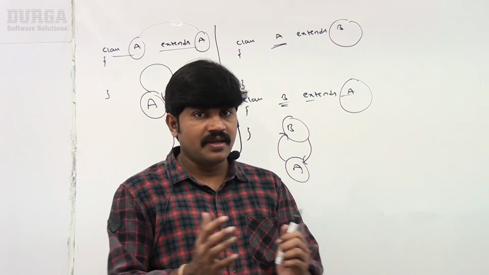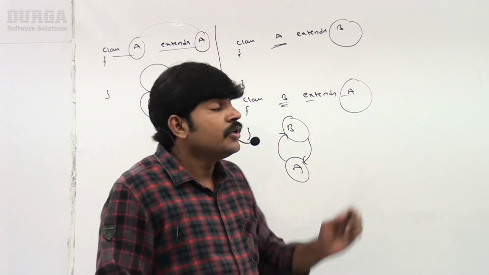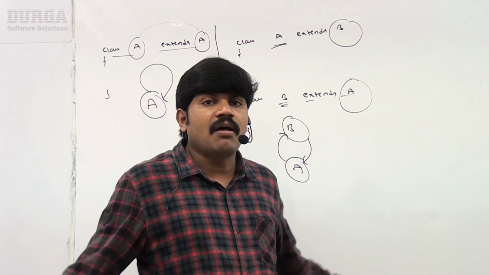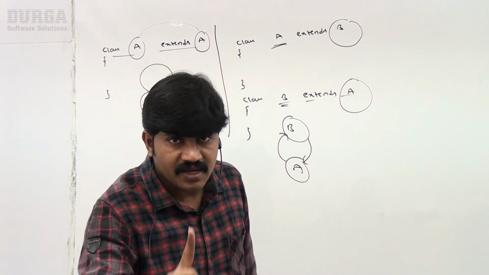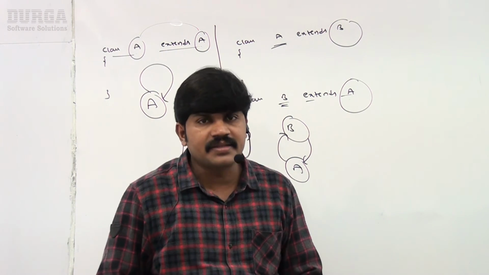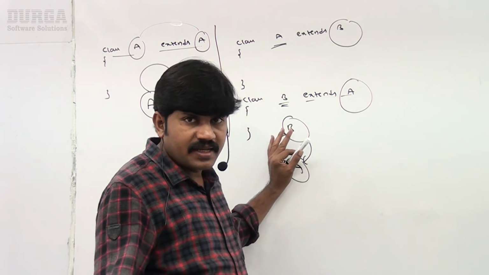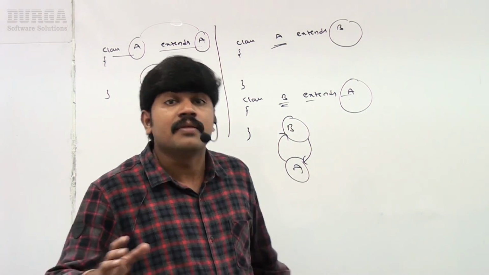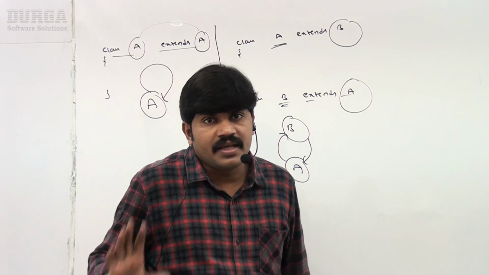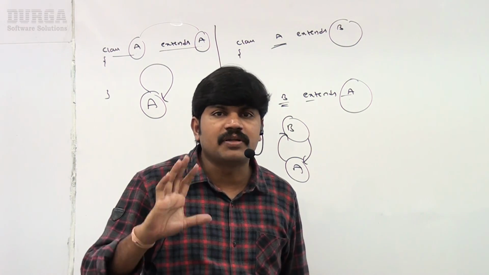It is better to take a single class, because A requires B and B requires A. We are not required to take two classes; a single class is enough for all the members. Clear for all of you? So that's why cyclic inheritance is not really required. That's why Java won't provide support for cyclic inheritance. Not only Java, even Python won't provide support for that.